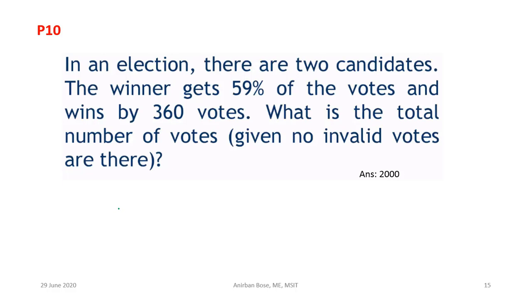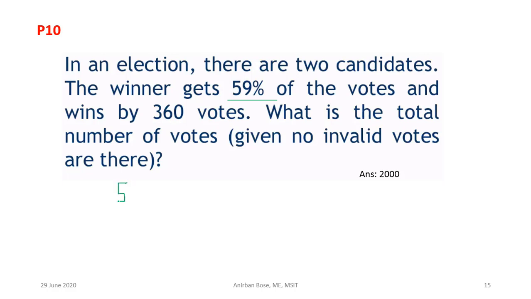Now see another problem. In an election, there are two candidates. The winner gets 59% of the votes and wins by 360 votes. What is the total number of votes? This is the question. It is given that no invalid votes are there. So the winner got 59% of the votes, then what percentage of votes did the loser get? 41%.